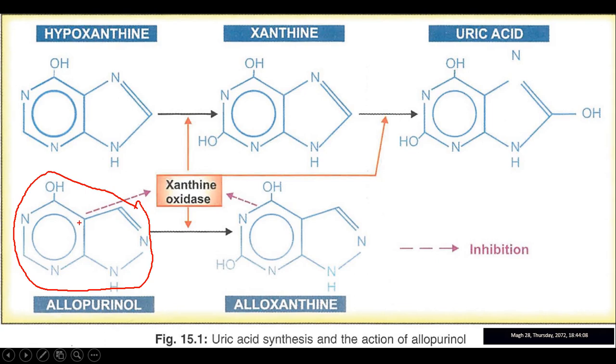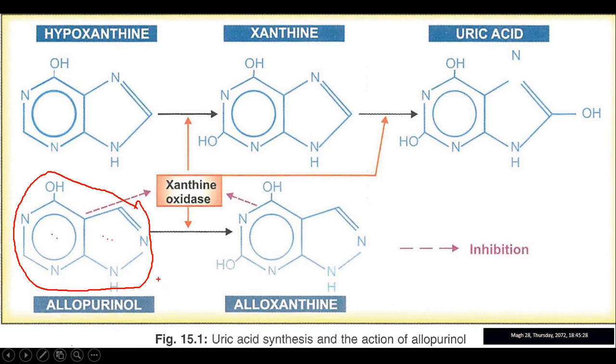One has a hexane ring and another has an azole ring, and this double ring structure is similar to purines, that is adenine and guanine. Structurally, these are purines.